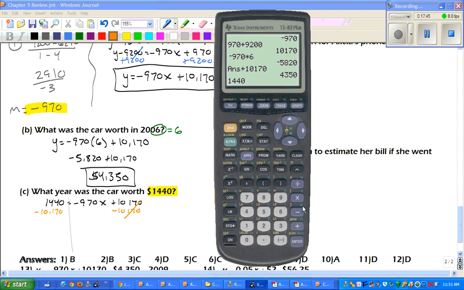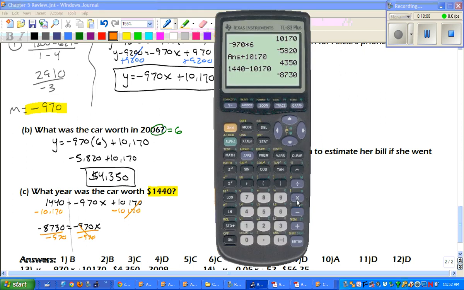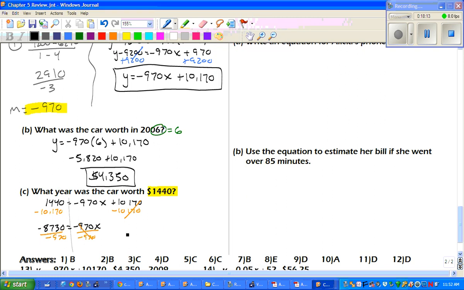So 144 minus 1,017, and we get negative 873. Negative 873? Yep. All right, we have to divide by negative 97. So divide that by negative 97, and we get x equals 9. So the year, because they want to know what year it is, that would be 2009.